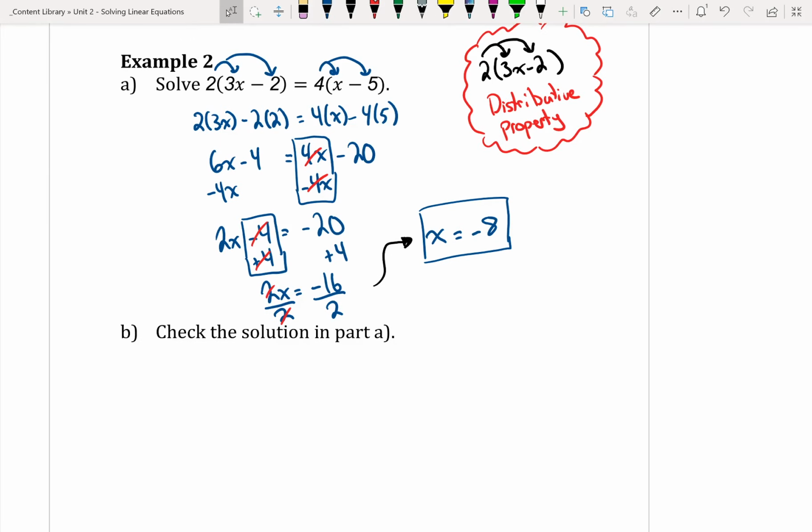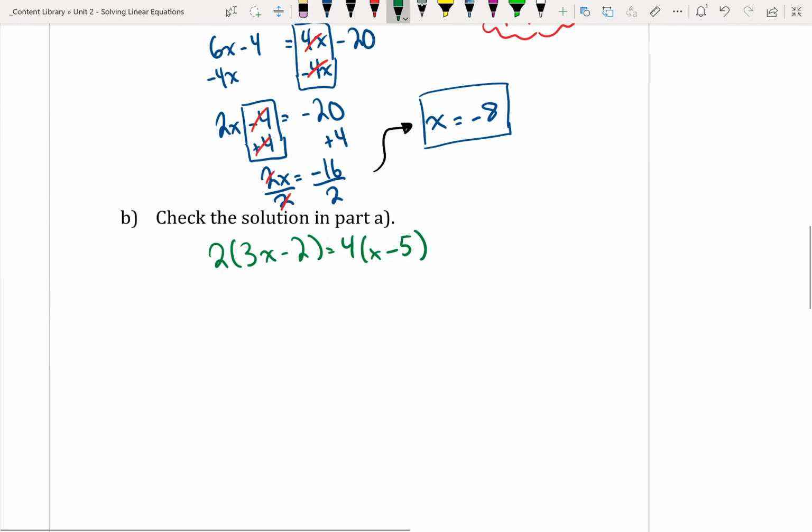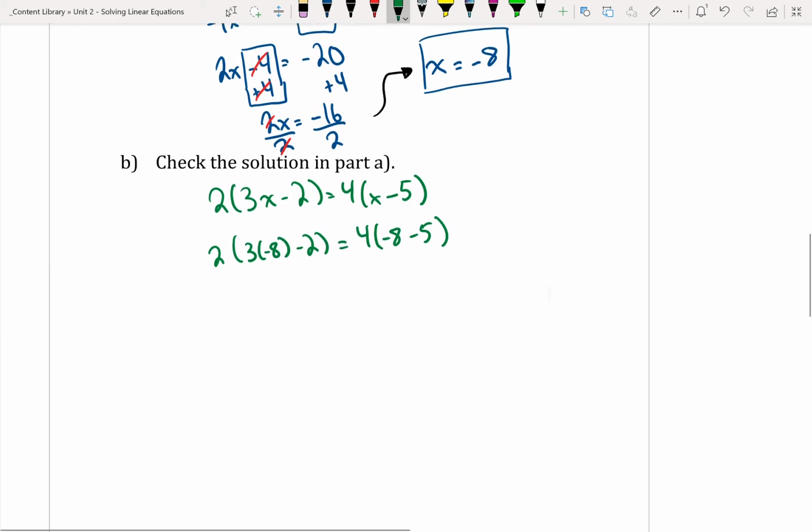Again, I want to check my answer, so I need to rewrite my equation. 2 times 3x minus 2 equals 4 times x minus 5. And everywhere I see an x, I'm going to replace it with the answer I got, which in this case is minus 8. So 2 times 3 times negative 8 minus 2 equals 4 times negative 8 minus 5. Now I'm going to go through and solve.